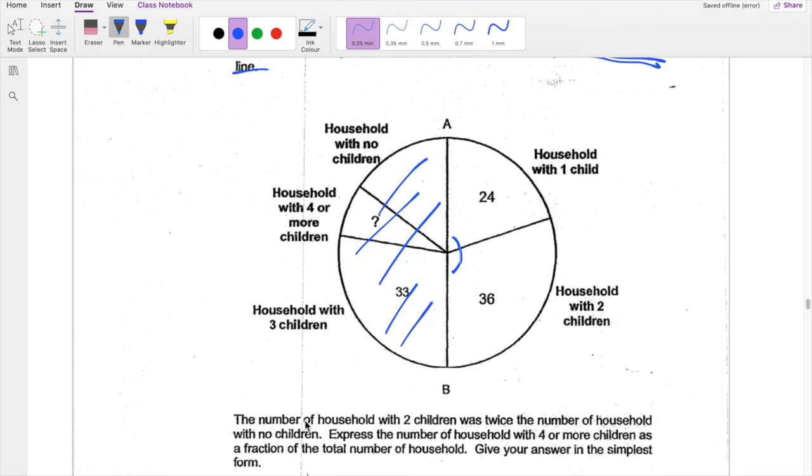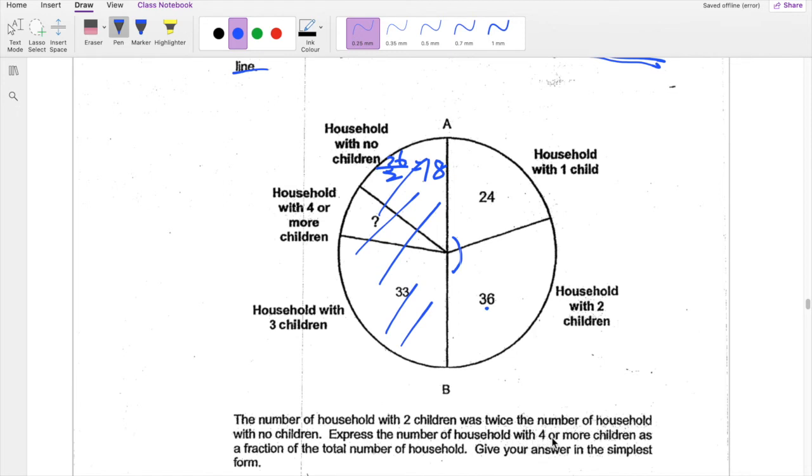Here it says the number of households with 2 children was twice the number of households with no children. 2 children here and no children here. So we can calculate twice: 36 divided by 2 is 18. So this amount is 18.